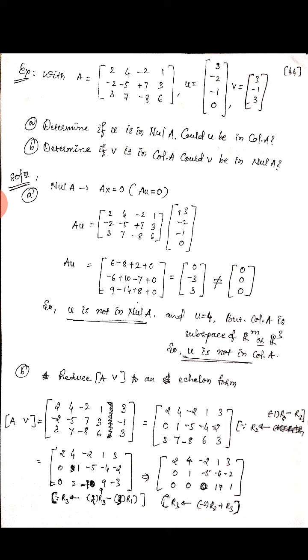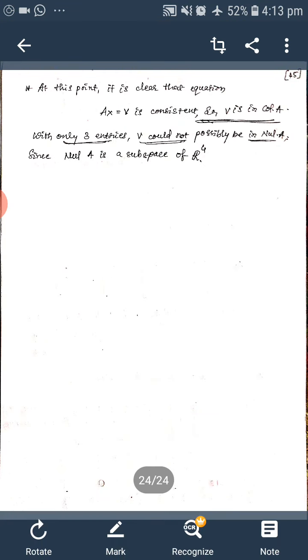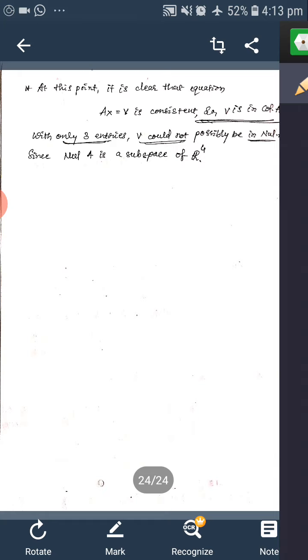If you do further things, we can get the solution by seeing this matrix. So at this point we can say that Ax equal to V is consistent and V is in the column space of A.